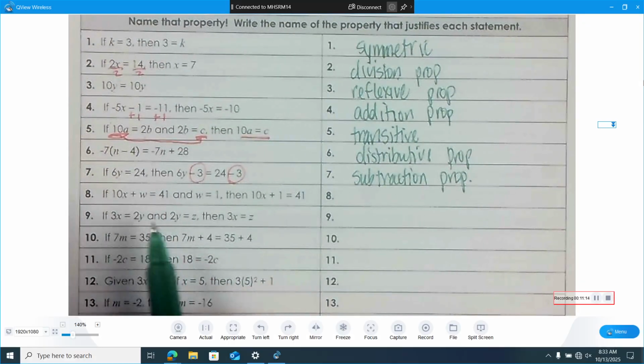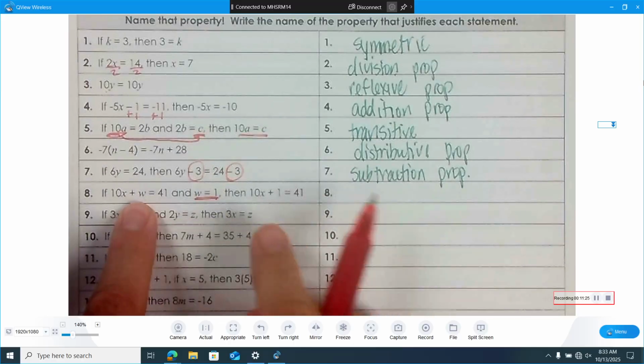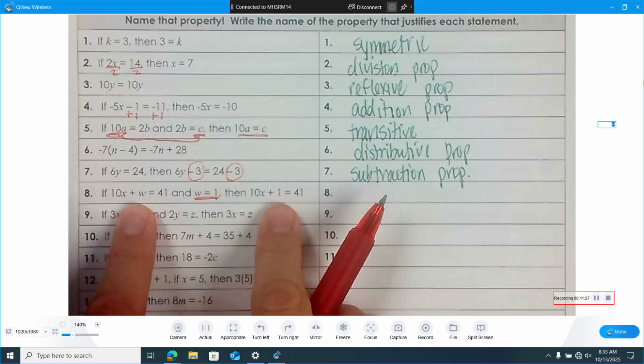All right, number 8, if 10x plus w equals 41 and w equals 1, what did they do there with the 1? They substituted it. Very good.